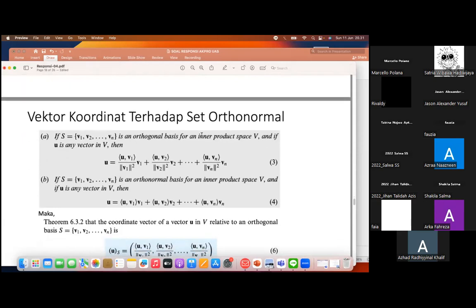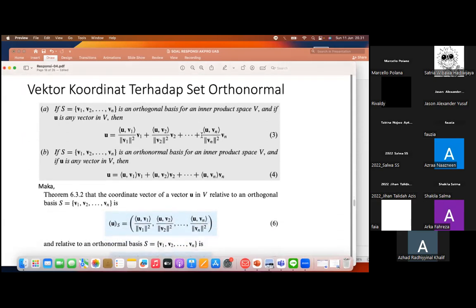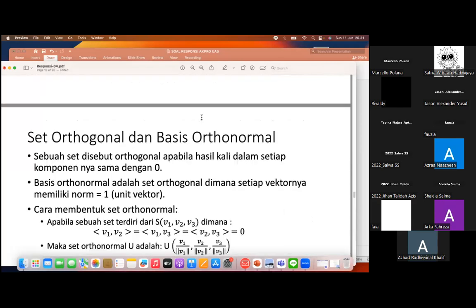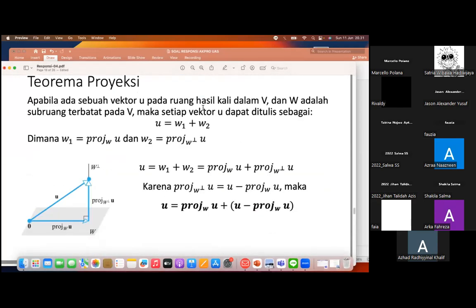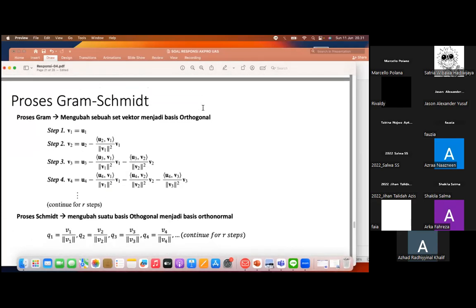Okay. So here we have coordinate vectors. In order to save time, I'll just skip to the main point, which is the Gram-Schmidt process. This Gram-Schmidt process is a bit of a tricky process where we convert a regular basis to an orthonormal basis. The Gram-Schmidt process consists of two different components, which is the Gram process and the Schmidt process.